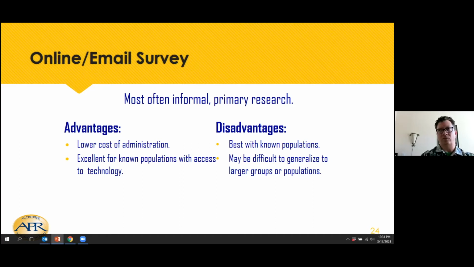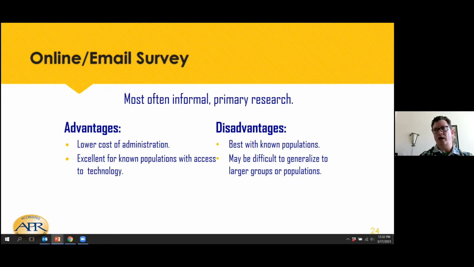Whether or not that's something you can expect to talk about on the APR exam, I'm not sure. I'd rather doubt it. But as a practical matter, it is something that the industry is looking at. Secondly, the reason they are sliding email into most often informal is that usually with email, you have an audience already that has been targeted because these are people you have emails for.